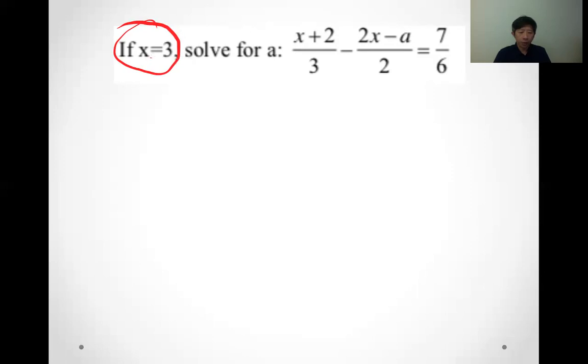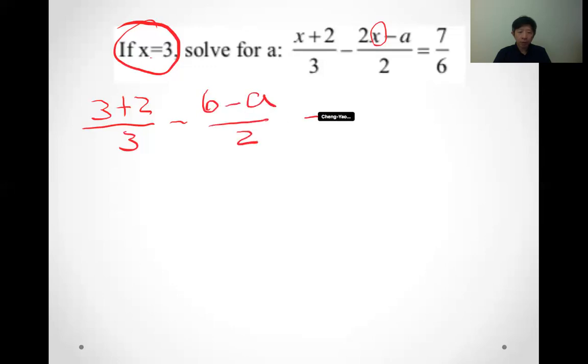So 3 plus 2 divided by 3, okay? And minus, now x is 3, right? So 2 times 3, which equals 6. 6 minus a over 2 is equal to 7 over 6, like this, okay?